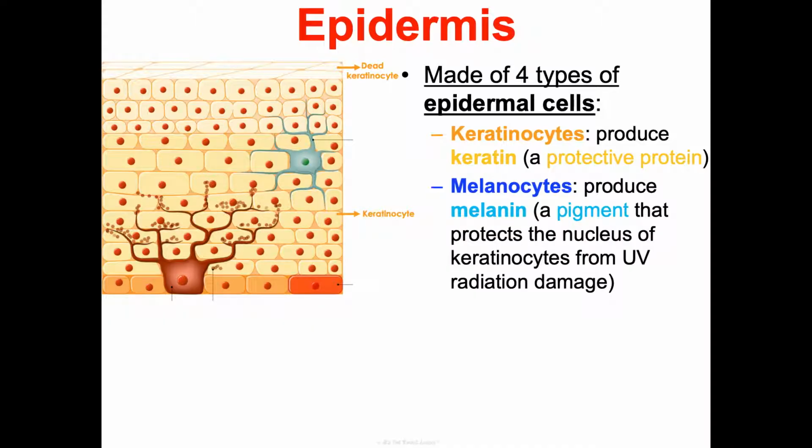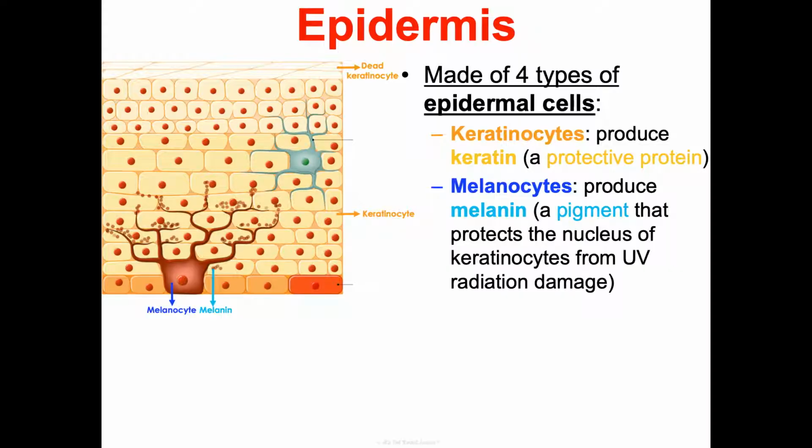All right, another type of cell are your melanocytes. These produce melanin, which is a pigment that protects the nucleus of these keratinocytes from UV radiation damage. So we can kind of see in this picture, one down here, and then these little dots that are shown in this diagram are the melanin, which they are producing.